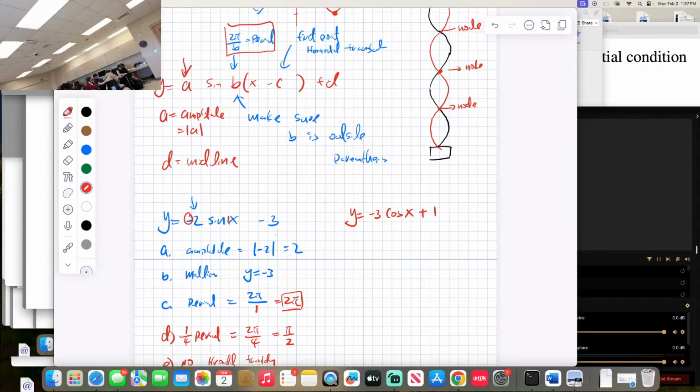So you have to pay attention to -3 cosine or +3 cosine. Negative, so it's going to start at the bottom. But you have to base it on the midline too. The midline is at 1. So it's what? 1 minus 3 is -2.